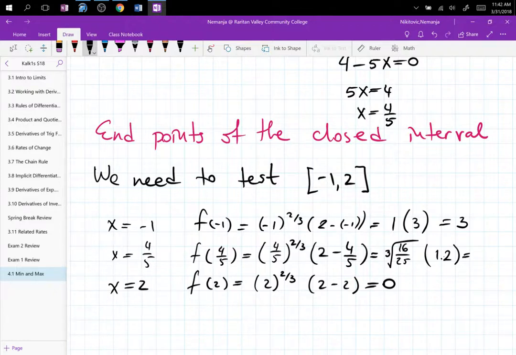So let's compute that real quick. 16 divided by 25 is 0.64 raised to the power 1 divided by 3. And we have 0.86.